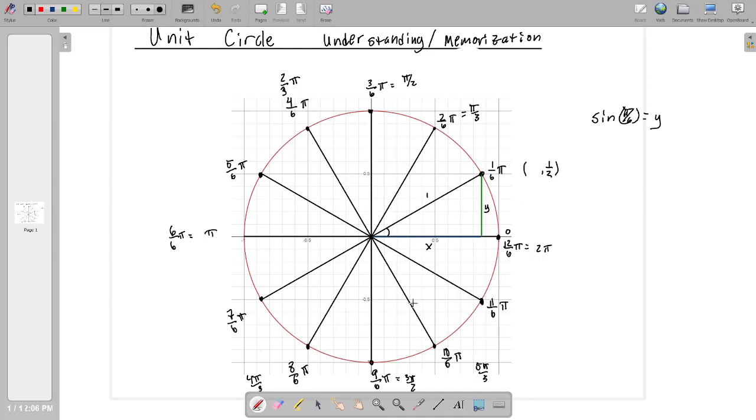And if we're looking for cosine, which would give us the x value, because cosine of this angle will be the adjacent side of the triangle divided by the hypotenuse, we would have cosine of pi over 6 is equal to x. Now cosine of pi over 6 is root 3 over 2. Again, we derived that in chapter 6. If we know this terminal point, we can find this one, and this one. I'll go over that in a second, but I want to find this terminal point first.